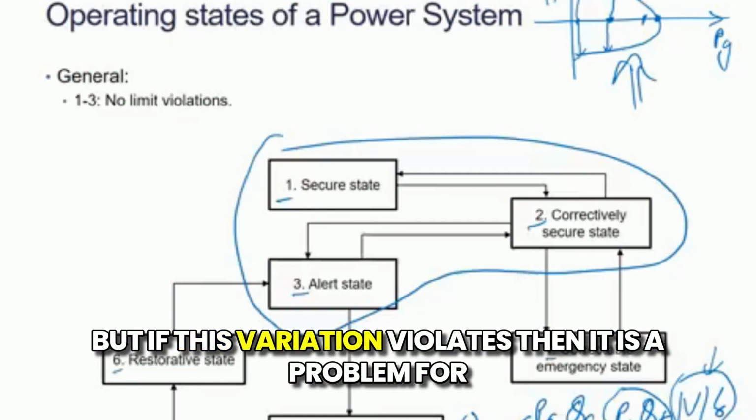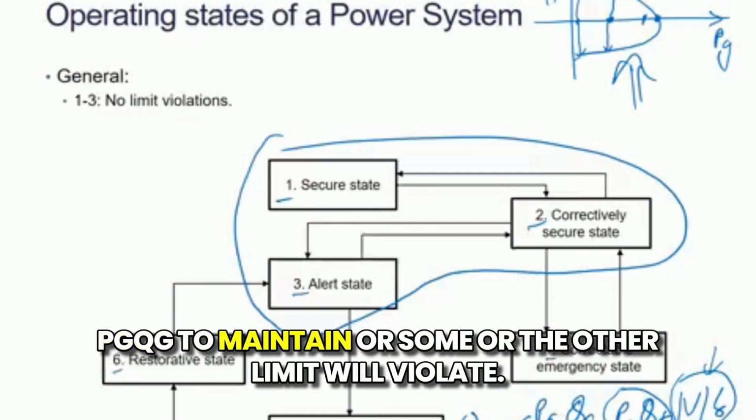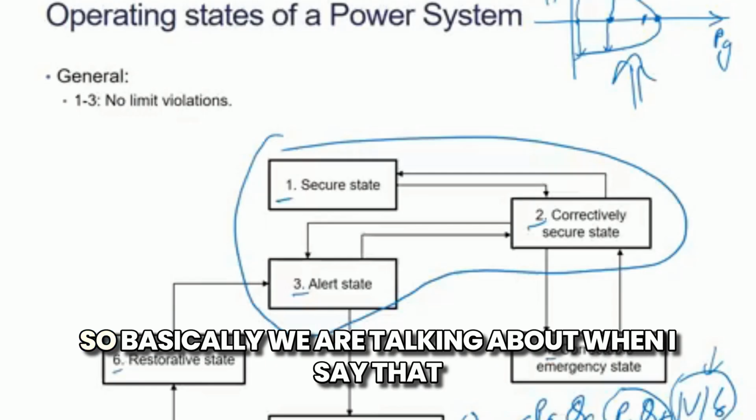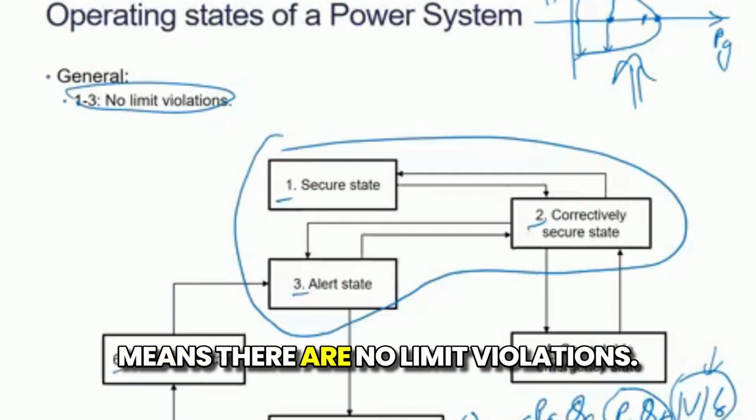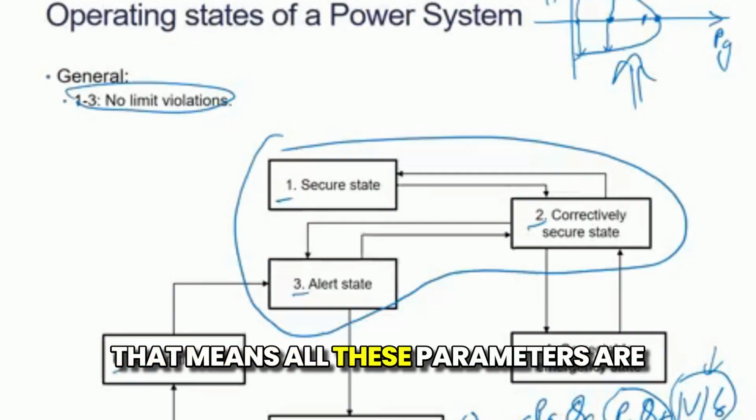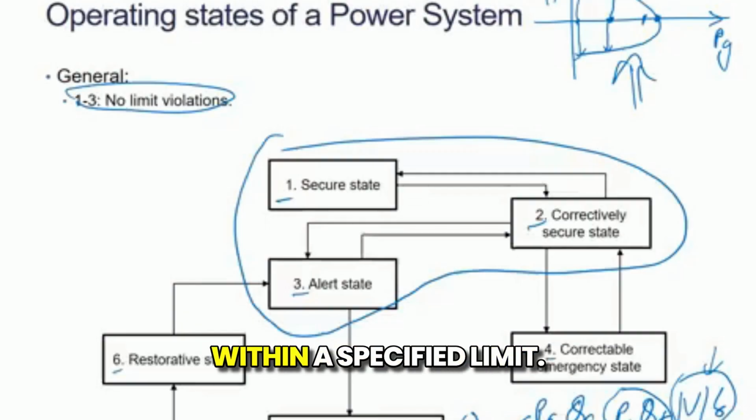If this variation is violated, then it is a problem for PG QG to maintain, or some other limit will be violated. So when I say blocks 1 to 3, there are no limit violations, that means all these parameters are within a specified limit. I hope it is clear.